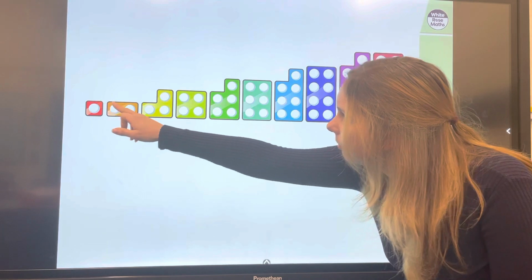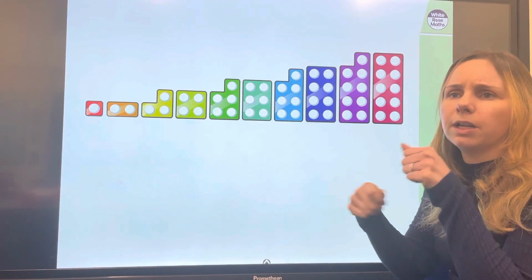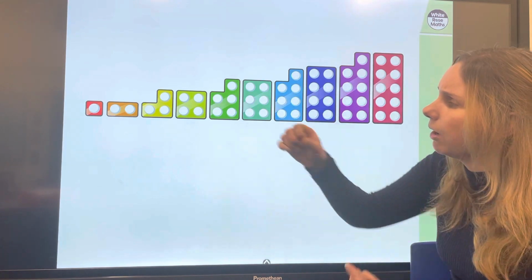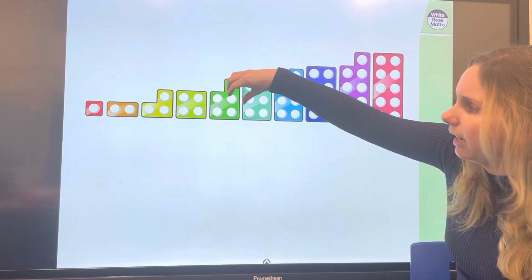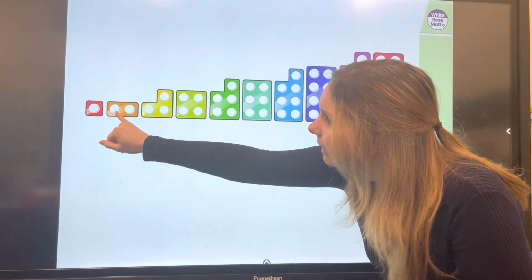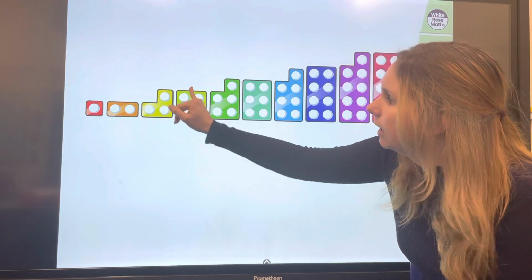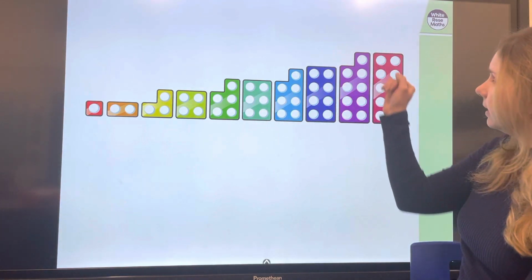Numicon's really helpful with recognising numbers quickly because we're used to working with it a lot in school. Rather than having to count out the number, I recognise the shape and I know that that shape is 5. Looking at these, I can see this is 2, this is 4, this is 6, this is 8, this is 10.